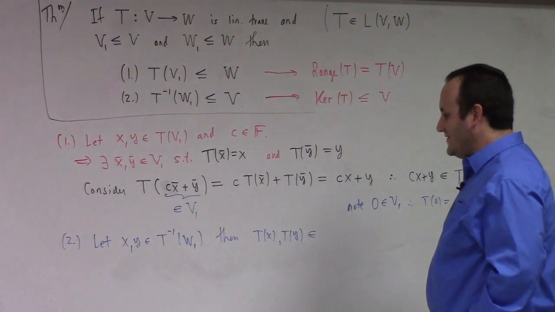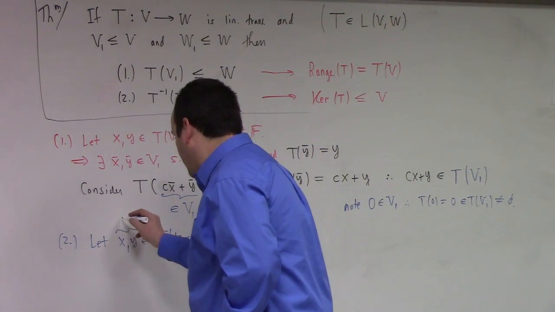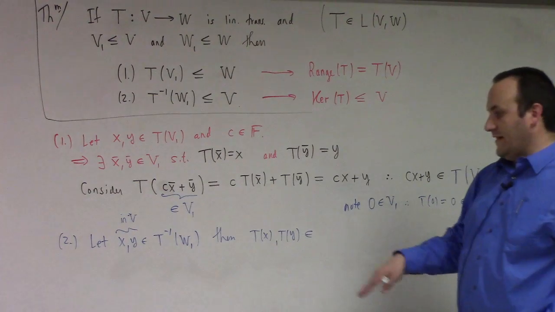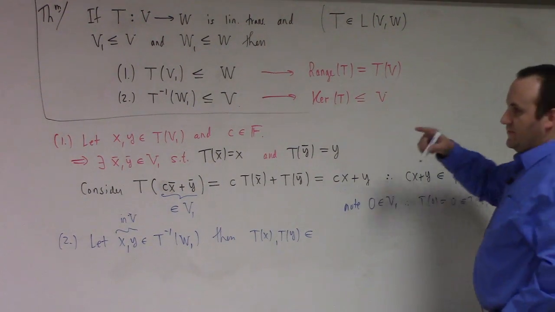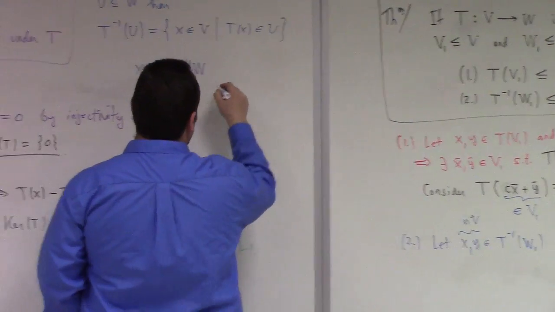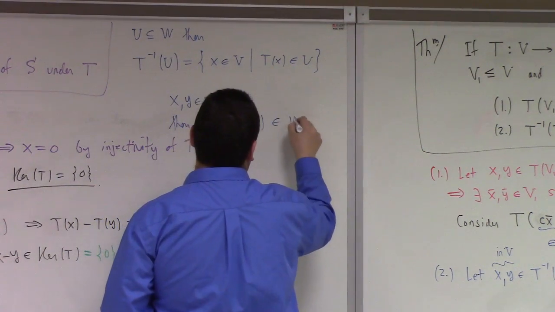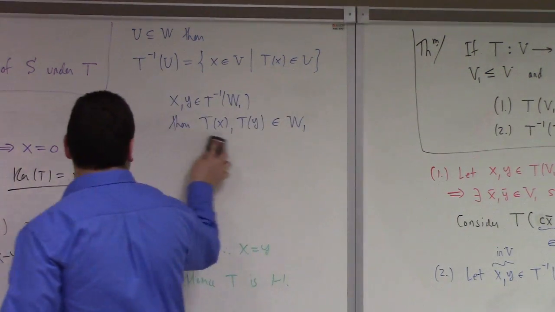Let me write over here. So if x and y are elements of the inverse image under T of W1, then T of x and T of y are elements of W1 by definition of inverse image, folks. That's the definition of inverse image right there.